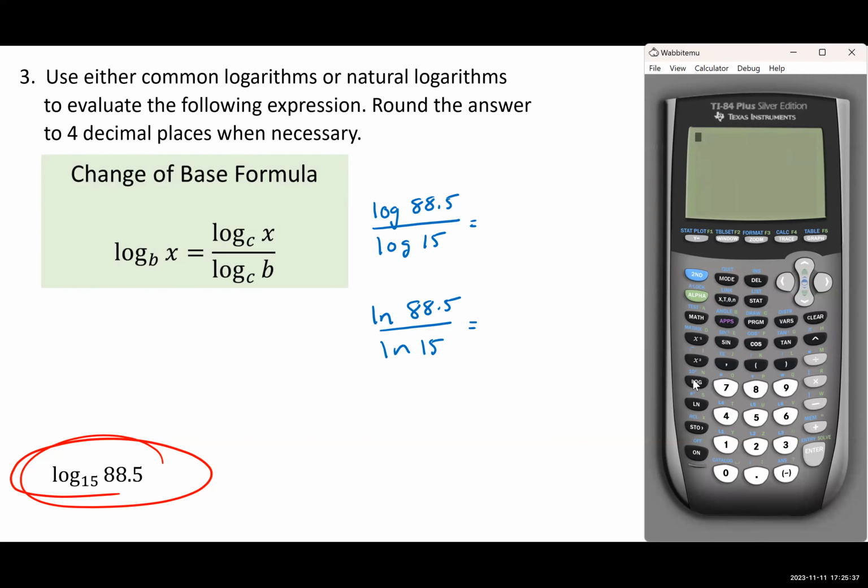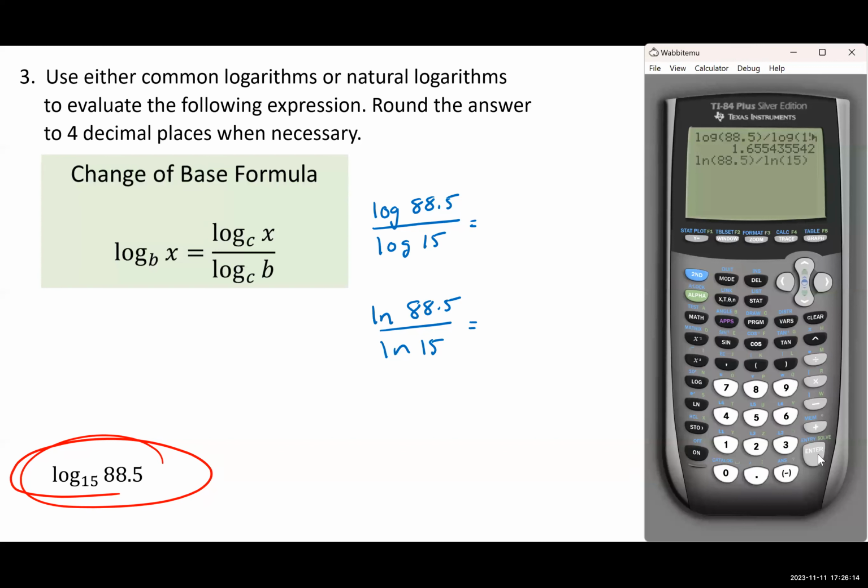So let's just test it out just to verify. The log of 88.5 divided by the log, that's common log, of 15. Okay, there's an answer. Or we use natural log. Natural log of 88.5 divided by, let me close those parentheses, the natural log of 15.